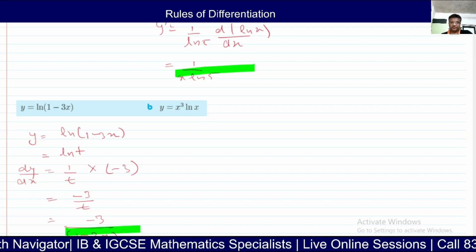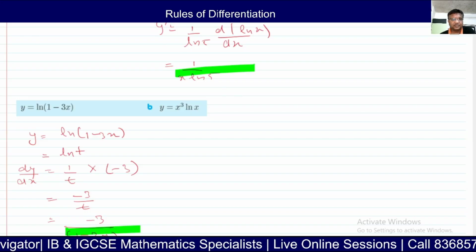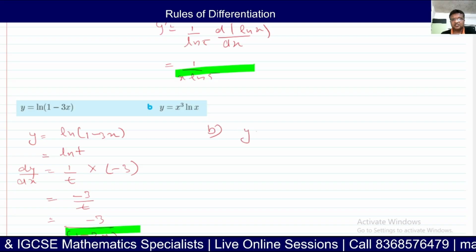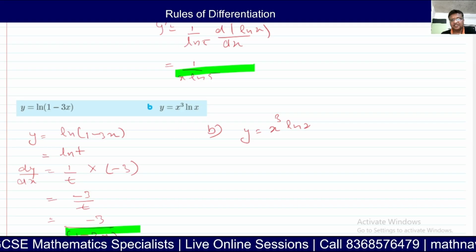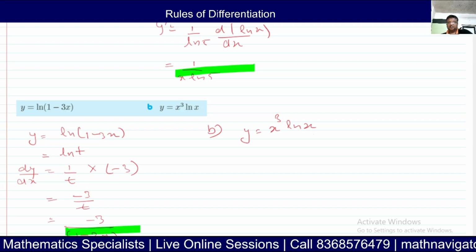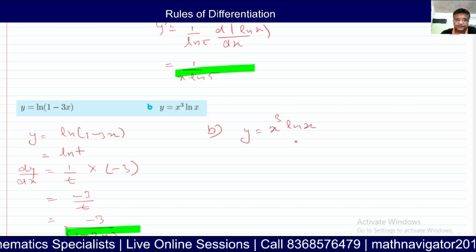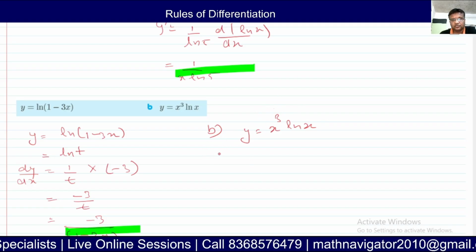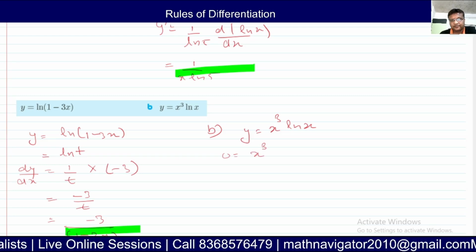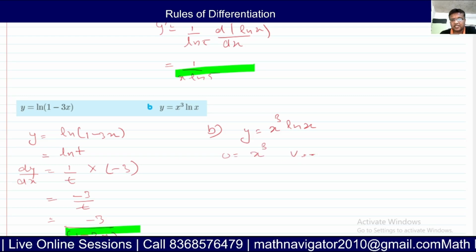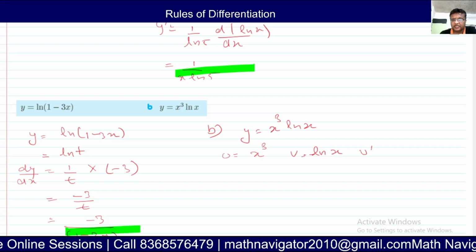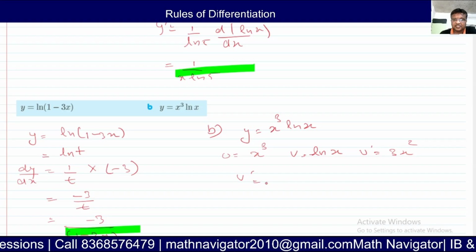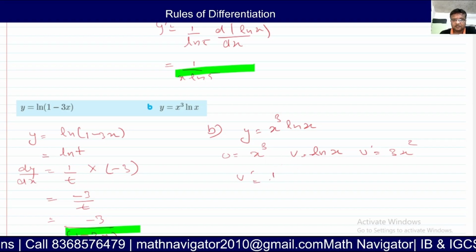So this is how we'll proceed. And let's take part B, y is equal to x cubed ln x. In this case, you need to use the product rule. u is equal to x cubed, v is equal to ln x, u derivative is equal to 3x squared, and v derivative equal to 1 by x.